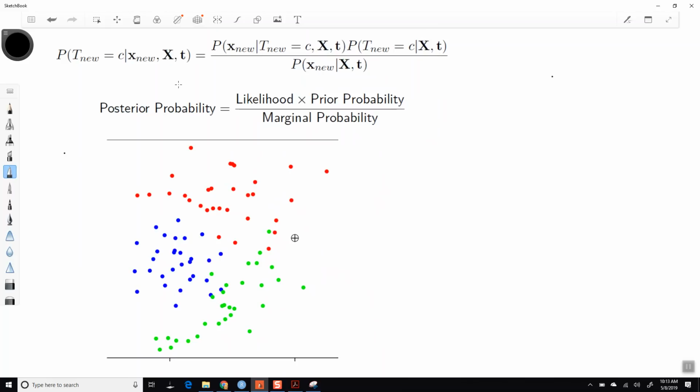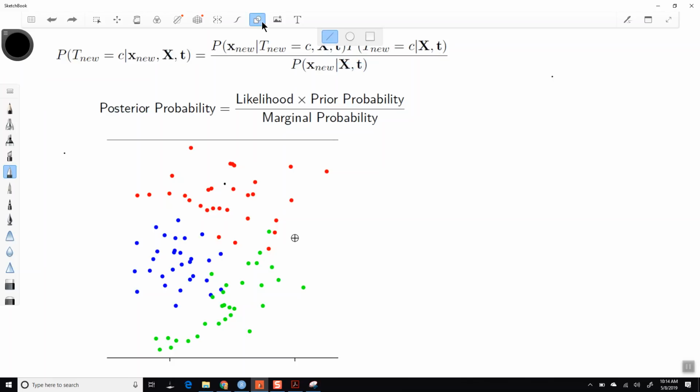When you calculate the likelihood of the multivariate Gaussian distribution, you're putting some kind of mean value somewhere.